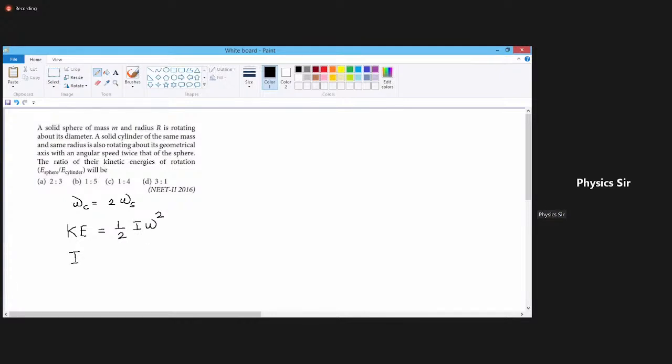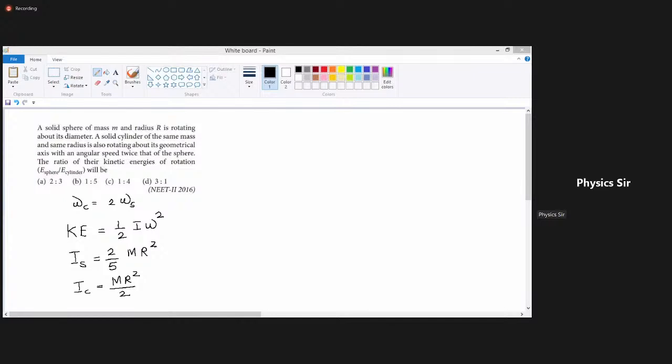What is the moment of inertia of the sphere? The moment of inertia of the sphere is 2/5 mr square. And what is the moment of inertia of the cylinder? That is mr square by 2. This is what I gave you yesterday. Okay, so this is what we have done.